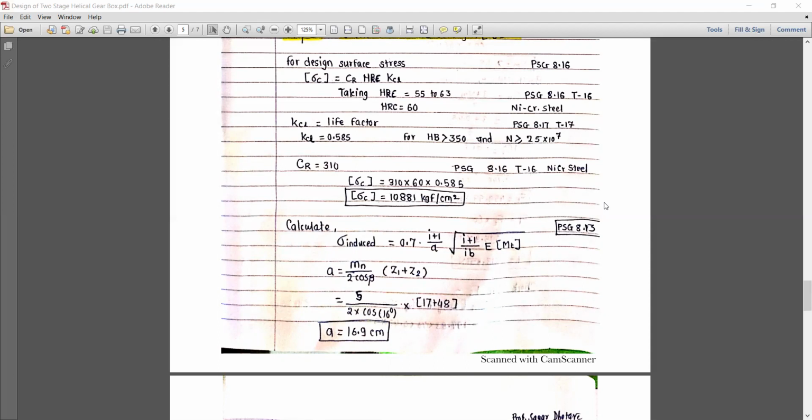So you can calculate A, that is the center distance, Mn divided by 2 cos beta into (Z1 plus Z2). So what we get, A is equal to 16.9 centimeter.